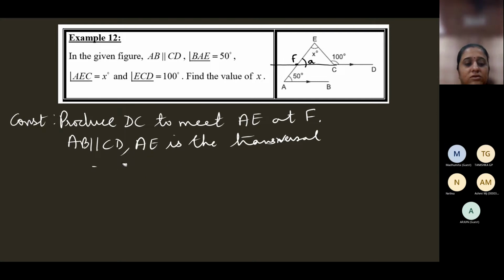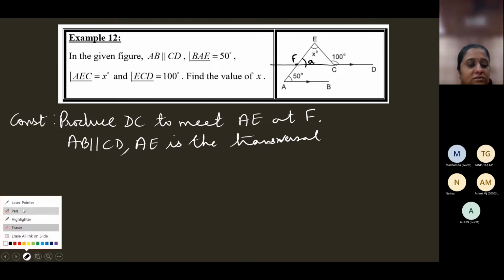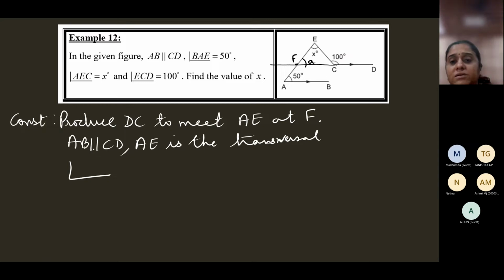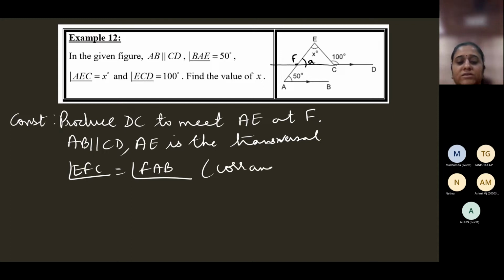See here, you can name the angles like this. Angle EFC is equal to angle FAB. Corresponding angles are equal. So angle A, that is FAB, is 50 degrees.